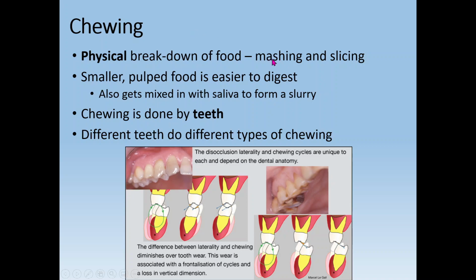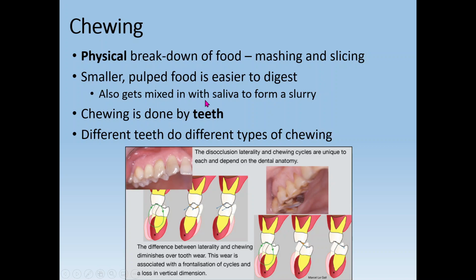It's going to do so through a variety of movements. You can call it mashing, slicing, pulping. There's all sorts of different terms that are applied to the various ways in which you can move your teeth in relation to each other. And the goal is to create smaller food that is going to be easier to digest by your stomach and the acids inside of it.